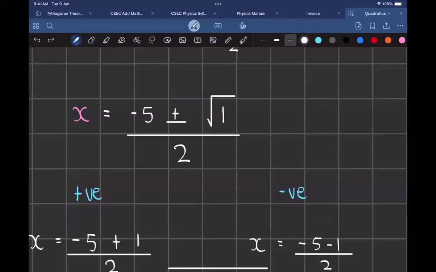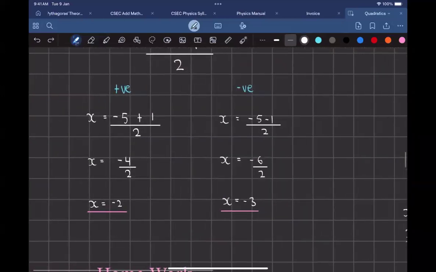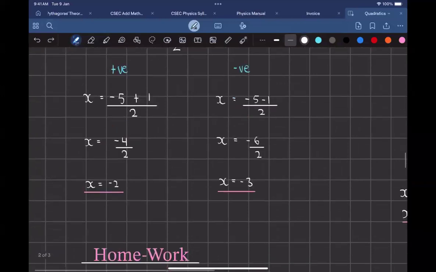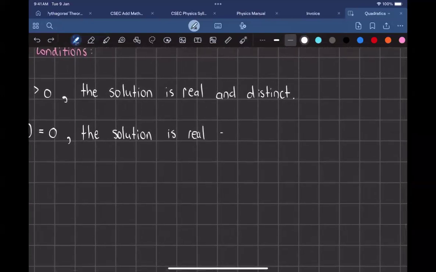So then my two solutions are going to be what? Over here, I end up with two different solutions, because I was adding or minusing 1. But if I add or minus 0, my two solutions could be the same. Exactly. So that brings me to the second case: the solution is real and equal.